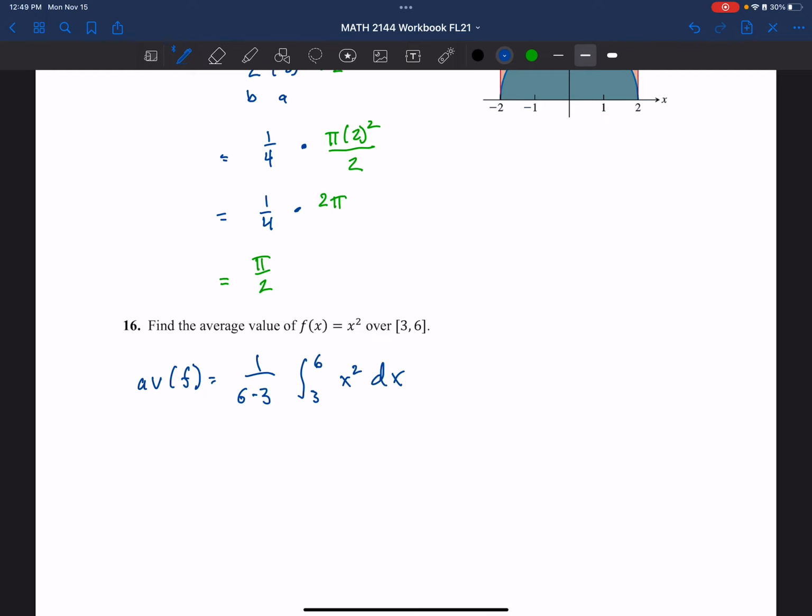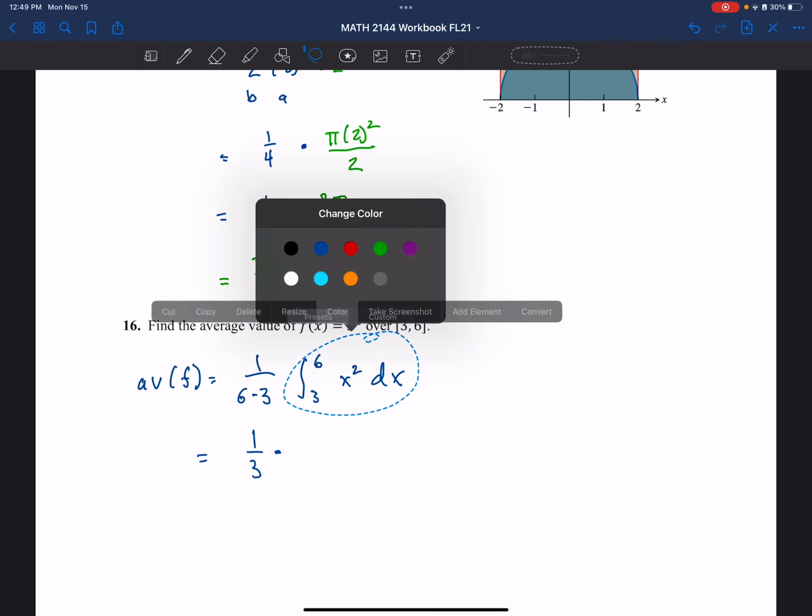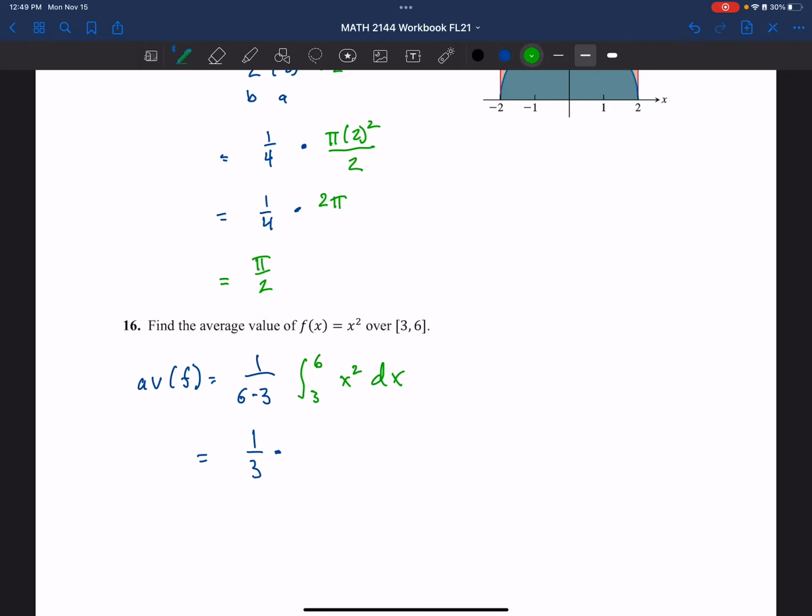So there's the setup of the formula. 1 over b minus a times the integral from positive 3 to 6 of x squared dx. So this is going to be 1 over 3 times, let me color code this, this part right here is going to be 1/3 times 6 cubed minus 3 cubed.